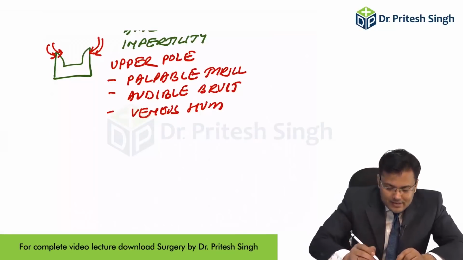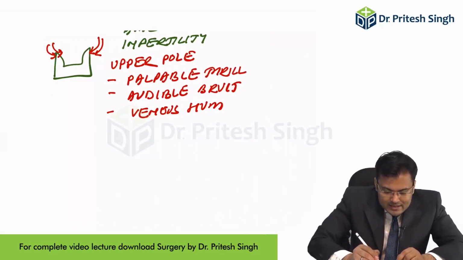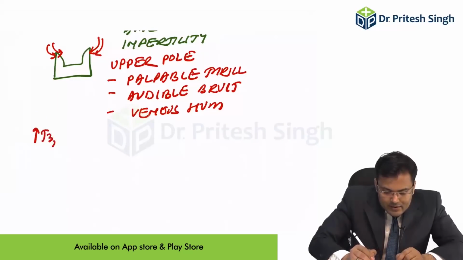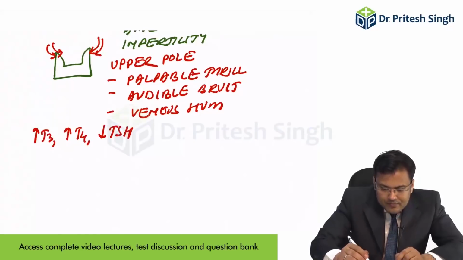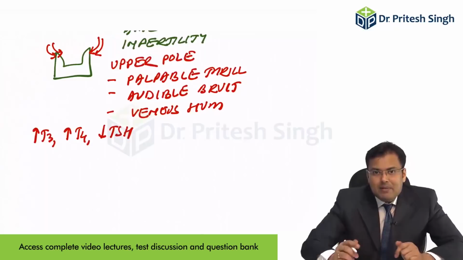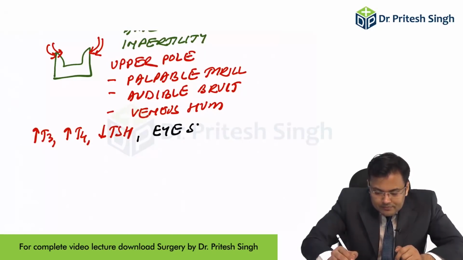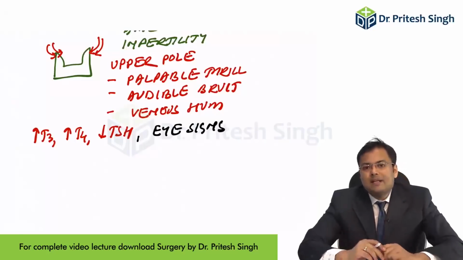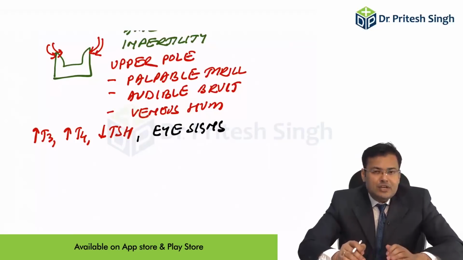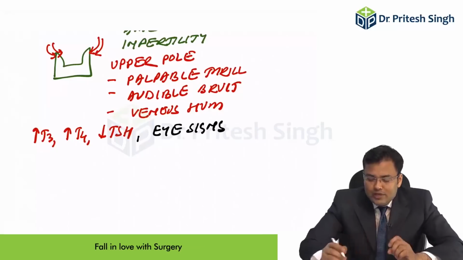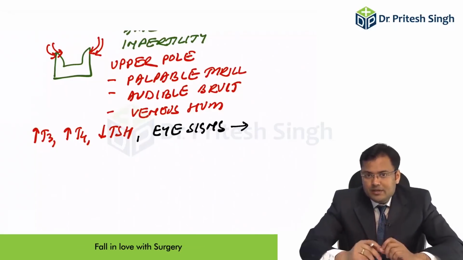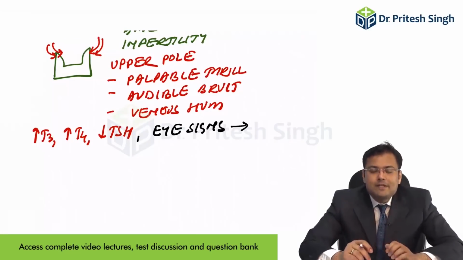But by the way, see, in this case, there is increased T3, increased T4, decreased TSH because patient is having hyperthyroidism and there is eye signs. Presence of eye signs in the patients of hyperthyroidism usually confirms the diagnosis of Graves.